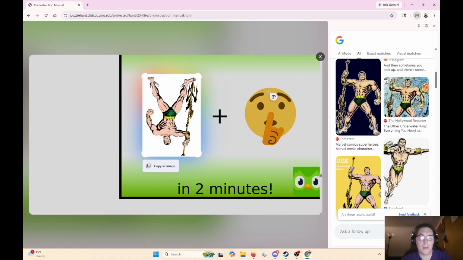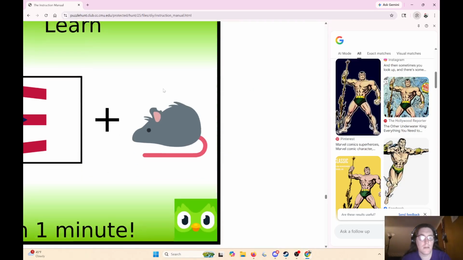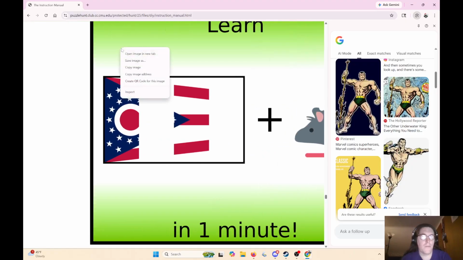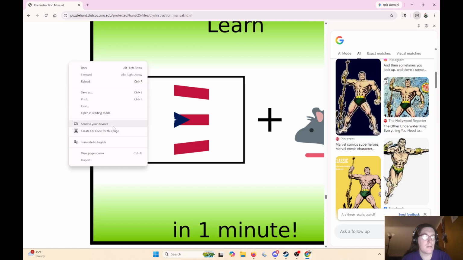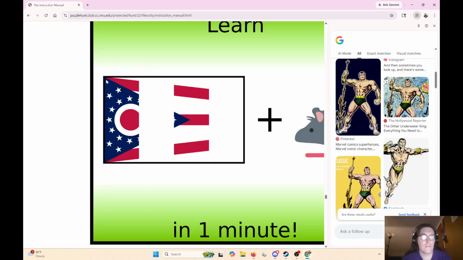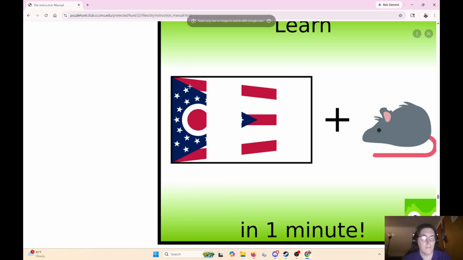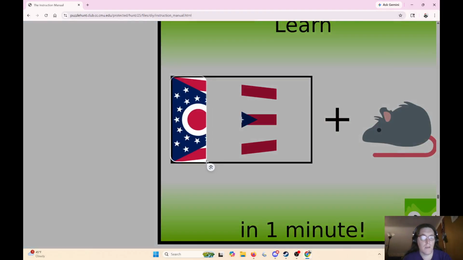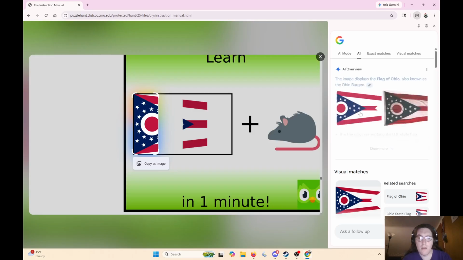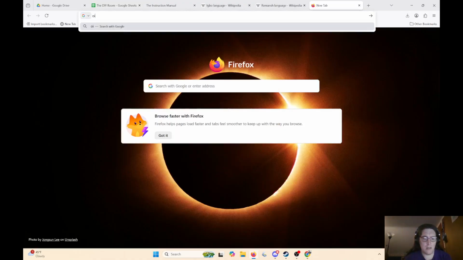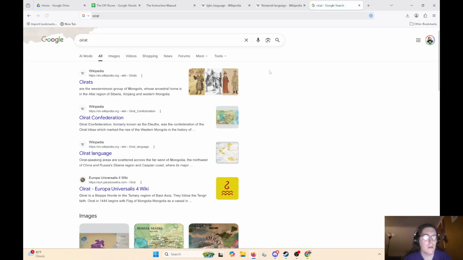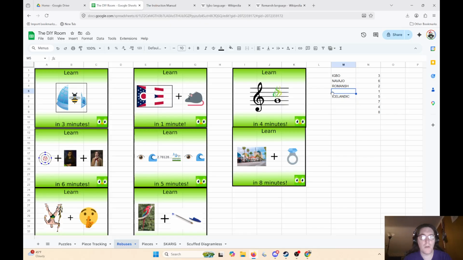Let's go get what flag this is. I don't recognize the flag. Ohio. Well, that's why I don't recognize it. So it's Oirot? Is that a language? Yeah, okay, from Mongolia.